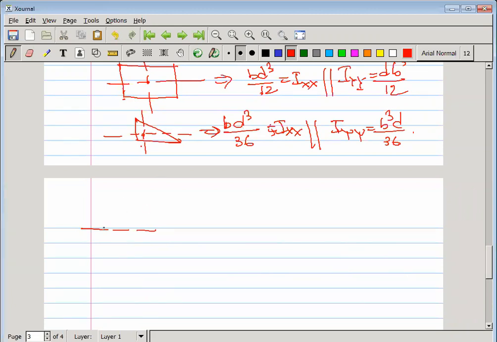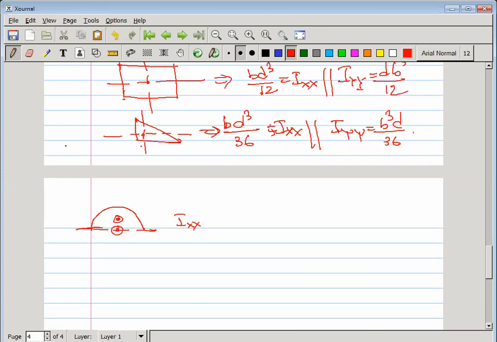But for a semicircle, always remember, they give the I of xx with respect to its edge, this axis. Your centroid is here, but they give the data with respect to this axis.